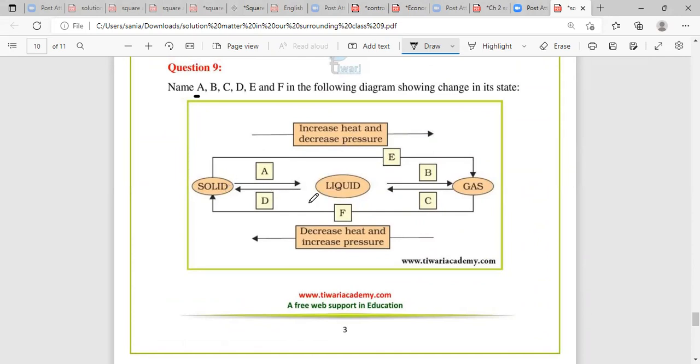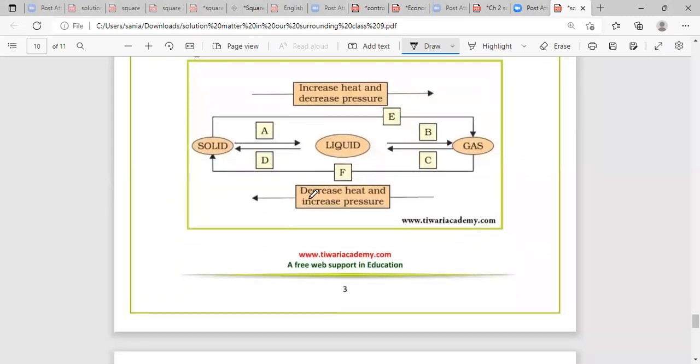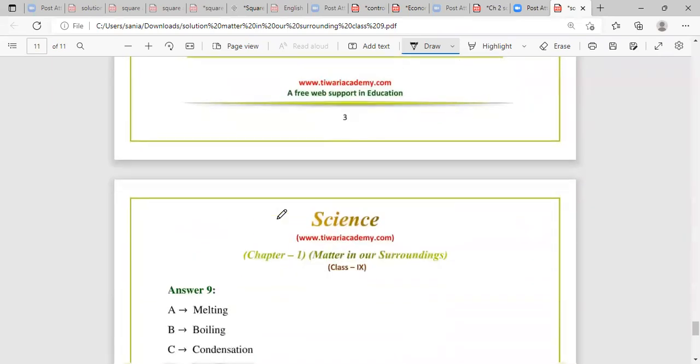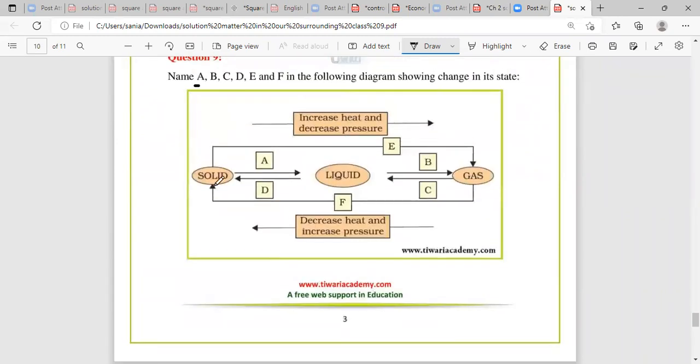Who will tell me? You have drawn the table where you did first one, second one, and third one, and the arrows you made. Just check it over there and let me know.